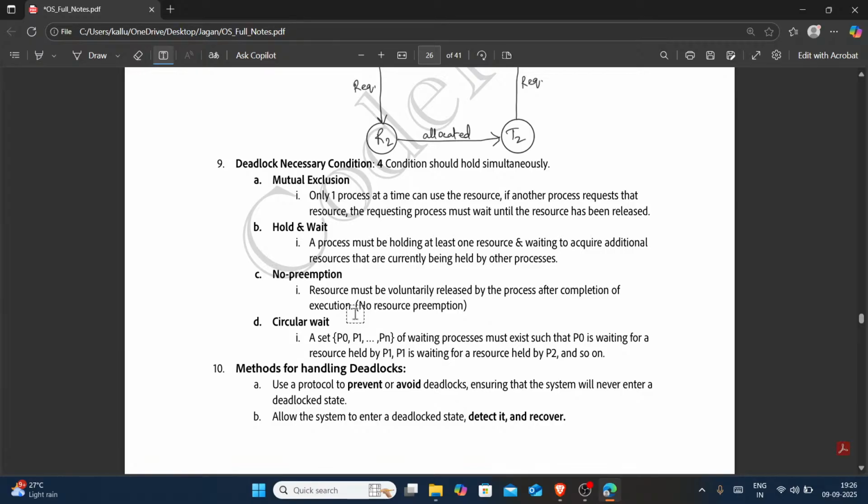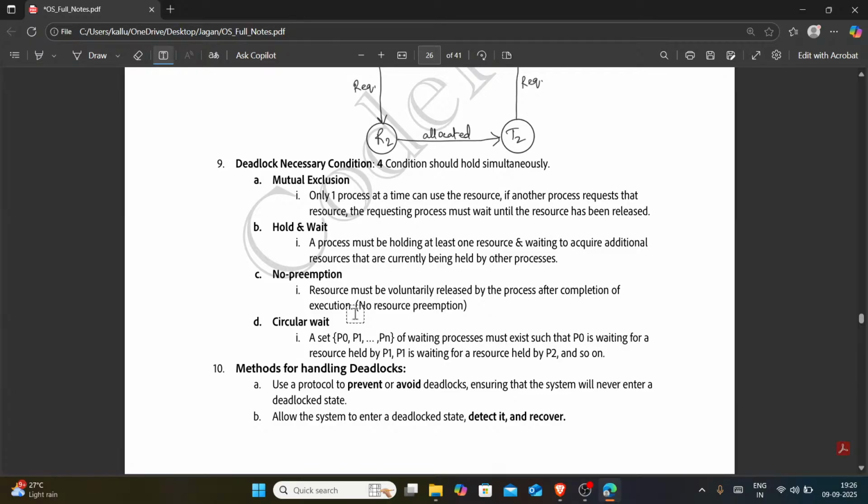Mutual exclusion means only one process at a time can use the resource. If another process is requesting the resource, it has to wait until the resource has been released.